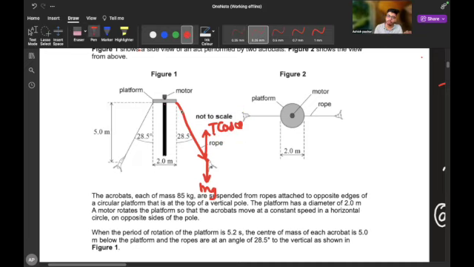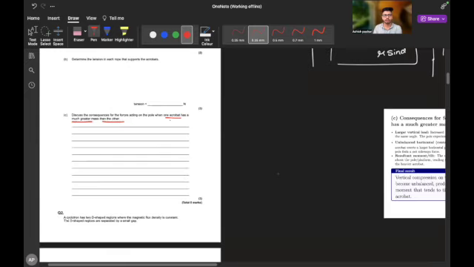Due to that, on one side we have more tension force, and on the other side we have less tension force. Due to that, there is a torque, meaning there is more force on this side and less force on the other side. So it is unbalanced. This is what you have to mention in that part.